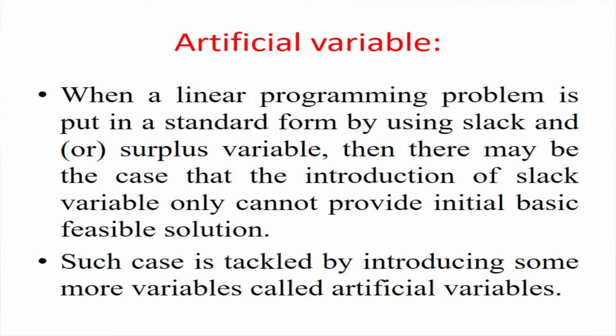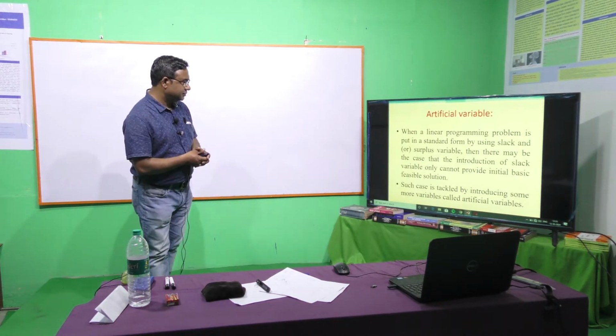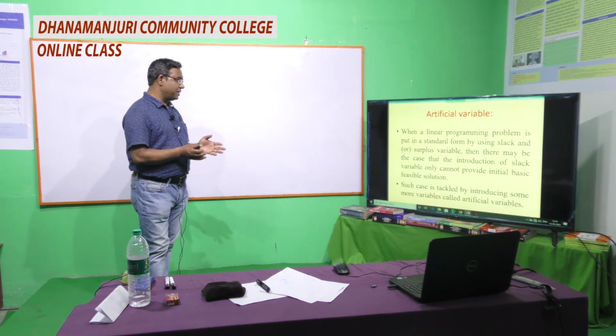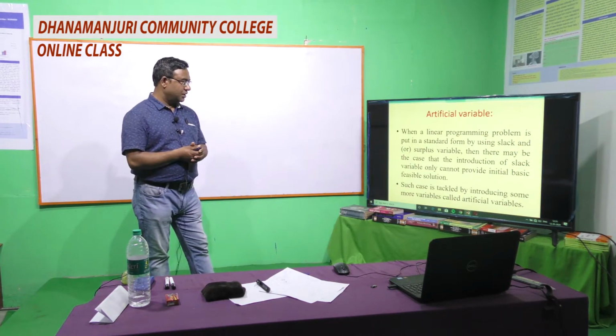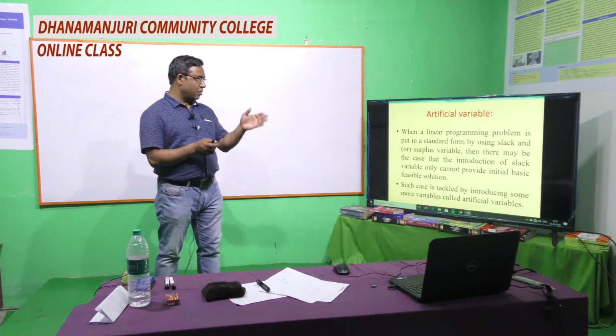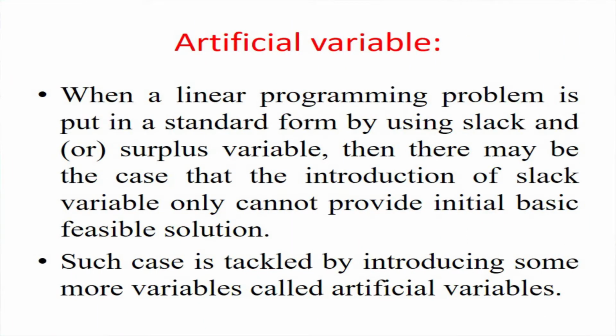When a linear programming problem is put in a standard form by using slack or surplus variables, there may be a case that introduction of slack variables only cannot provide an initial basic feasible solution. Actually, when we put the LPP in a standard form, next we have to search for the initial basic feasible solution by looking where there is a unit matrix.